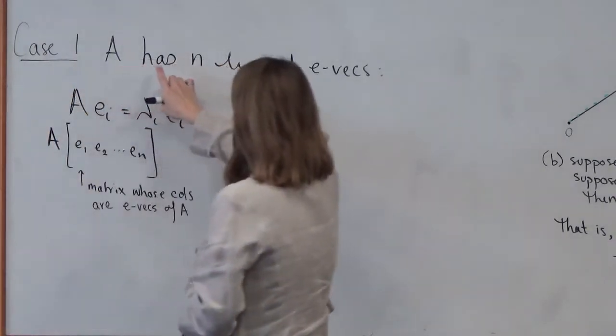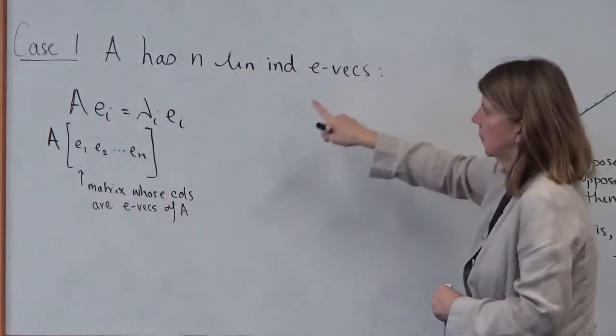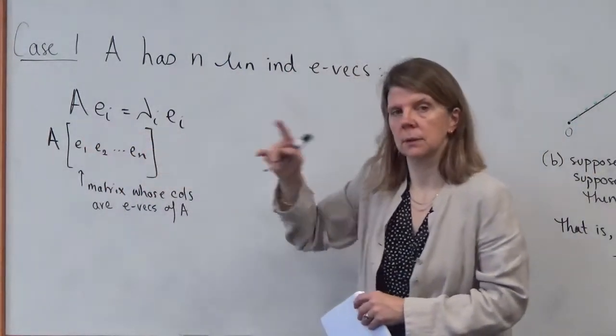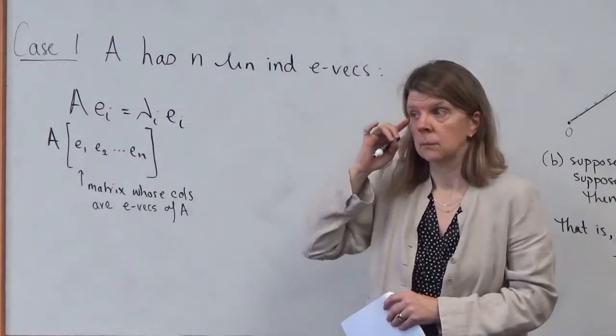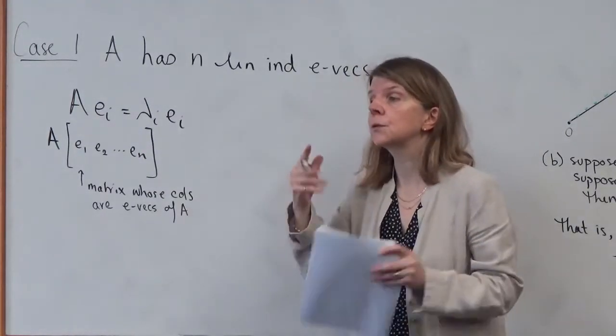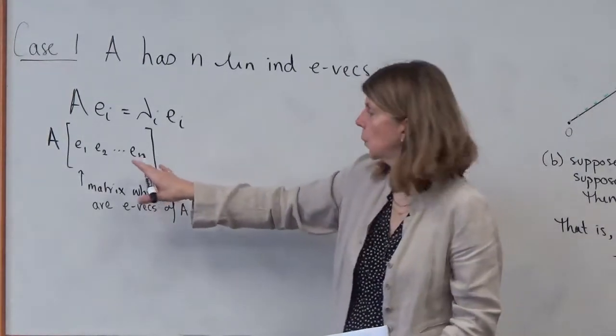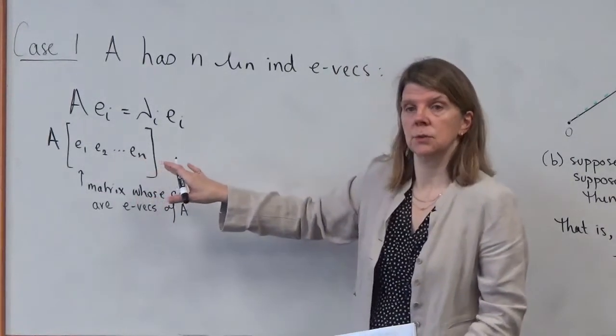And in case 1, since A has n linearly independent eigenvectors, what do we know immediately about that matrix? It's full rank, I can invert it. So in case 1, this is an invertible matrix.